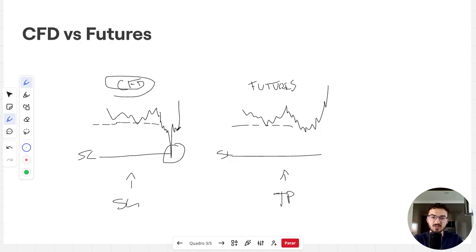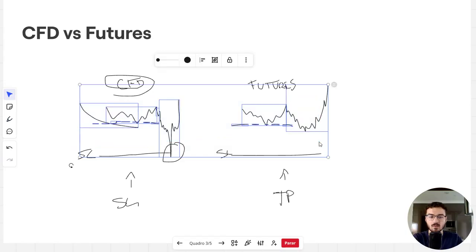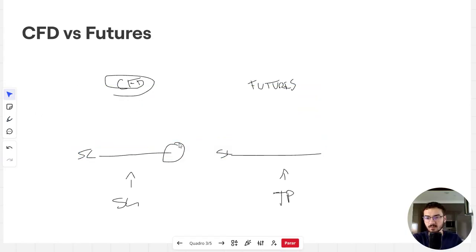So you can have this first example, when you have CFD making up these wicks that's different to the futures and take people out, for example, of liquidity, or taking lows and highs that aren't actually being taken on futures. Or you can have a different example, where you'll have a level which you want to short from.